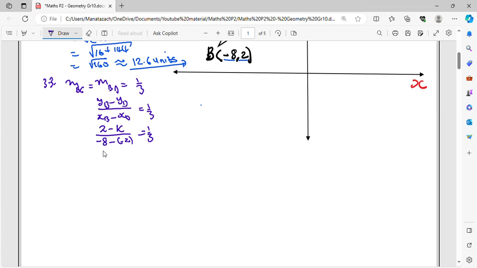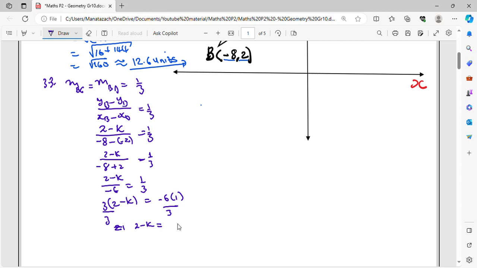So let's just work it out by basic mathematics. Here you can cross multiply from this point. Then divide both sides of the equation. Then you take 2 to the right hand side, which is going to be minus k is minus 4. Therefore you can conclude that k is 4.